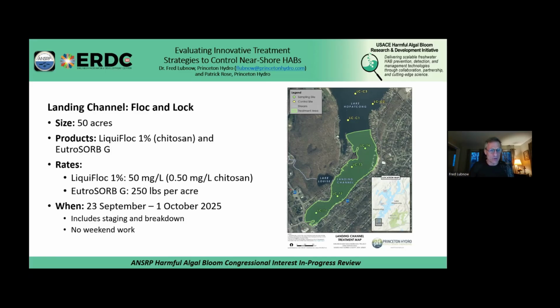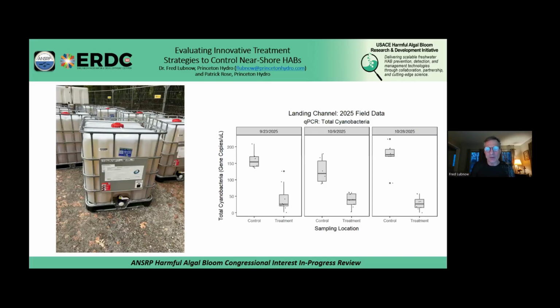We did this treatment in late September, and you can see the rates there. And like I said, Pat is going through this data. The only data we have right now is from the qPCR. Again, this is a way of measuring cyanobacteria, but here we're measuring the number of genes.